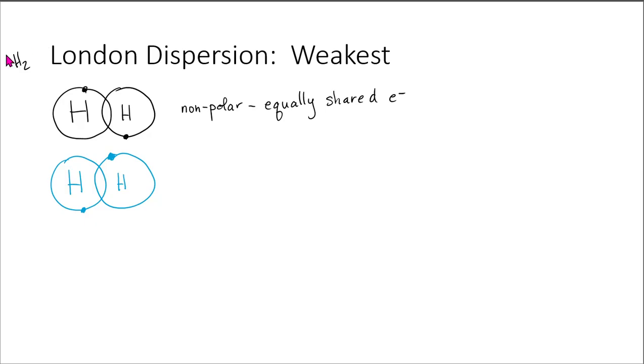Okay, what about dipole-dipole interaction? So the best example I'm going to give you is HCl. Here's the full Lewis structure for HCl in the gas phase. It's not the acid, but this is hydrogen monochloride. This molecule is absolutely polar. Chlorine is more electronegative than hydrogen.